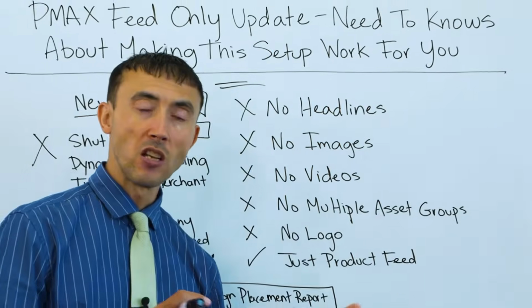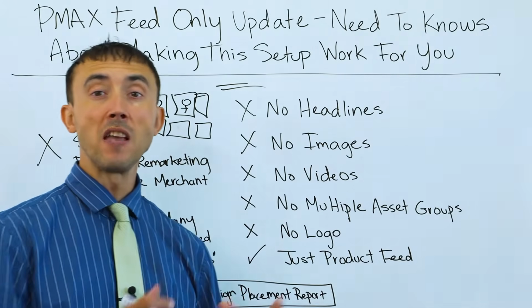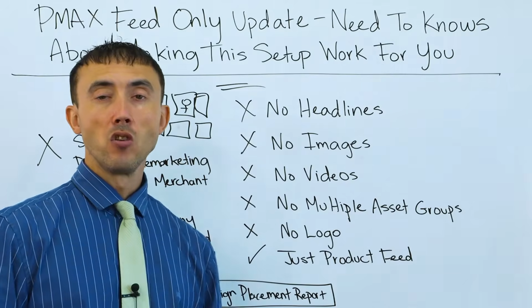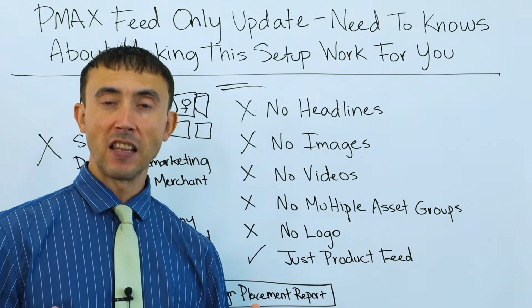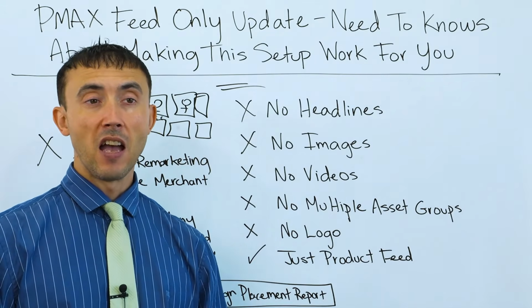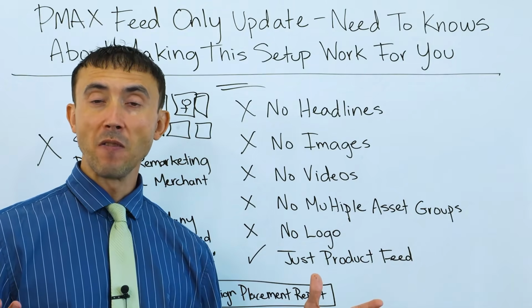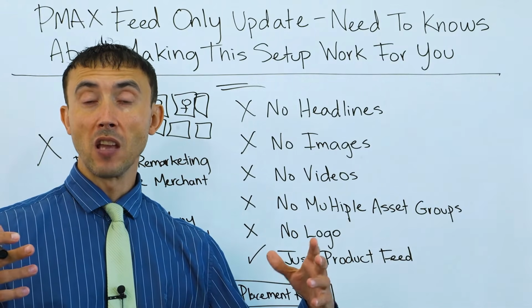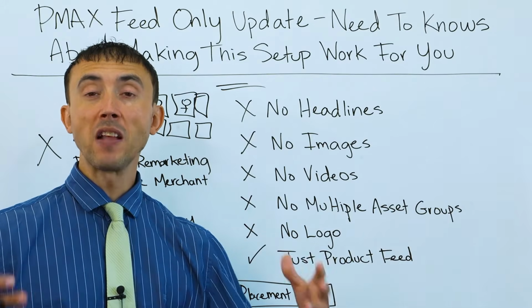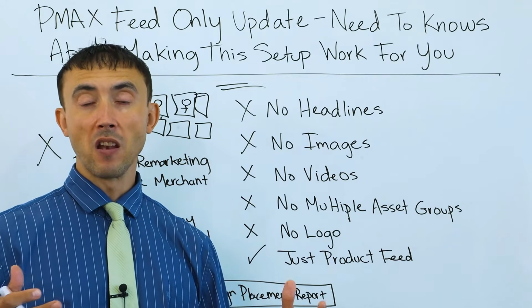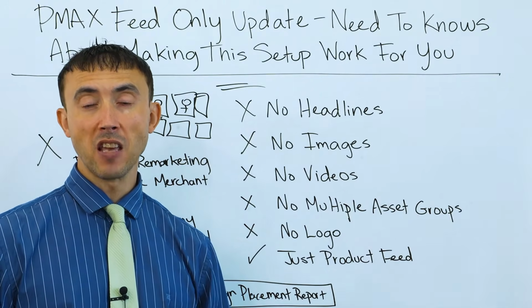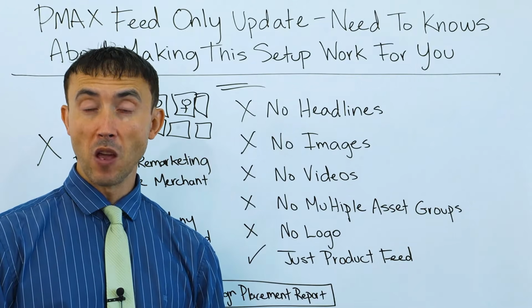Essentially what this does, even though Google tries to make you think you need all these things, you could save your asset group without adding these things anyway. And essentially what you're doing is you're telling Google, run my ad everywhere, but you're not giving it the ammo it needs to run your ad everywhere, but the shopping placements. Feed only PMAX campaigns are not something that I've invented.